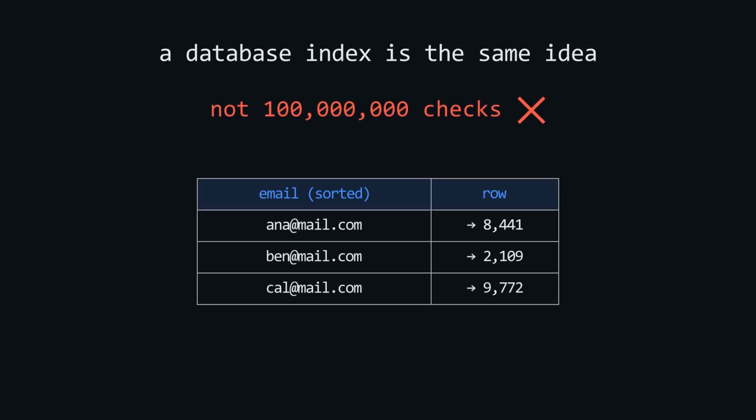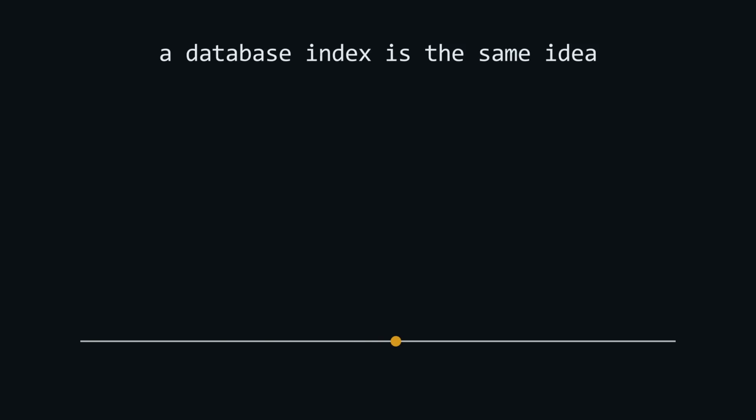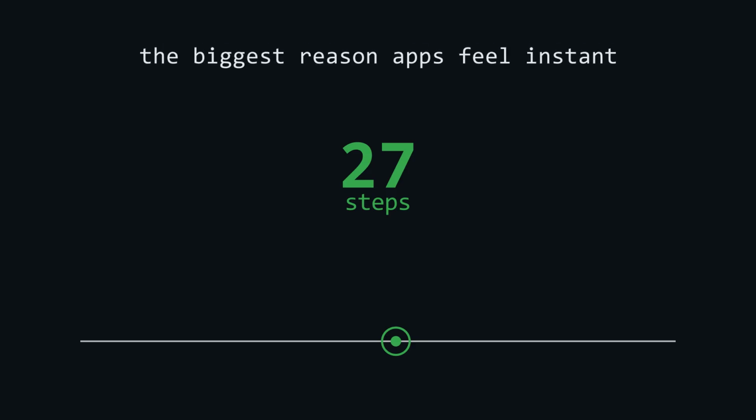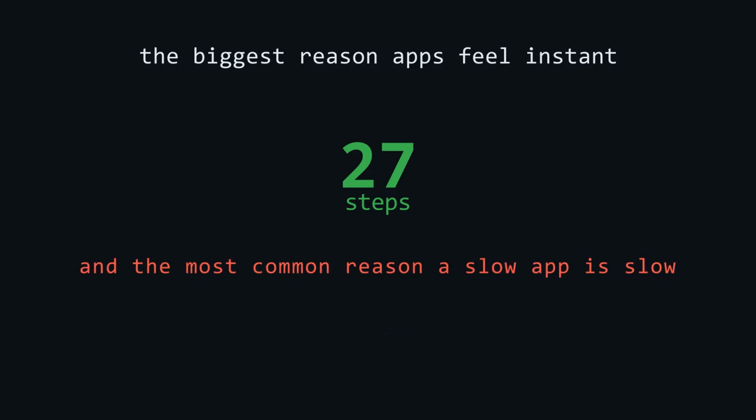Now, finding an email doesn't mean checking 100 million rows. It means a handful of jumps through a sorted structure. 100 million rows and it lands on the right one in about 27 steps. This is the single biggest reason databases feel instant. And it's the most common reason a slow app is slow. Someone forgot to add an index.